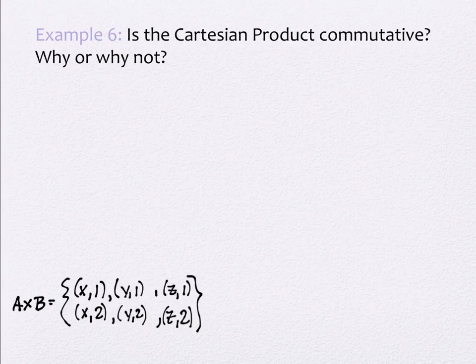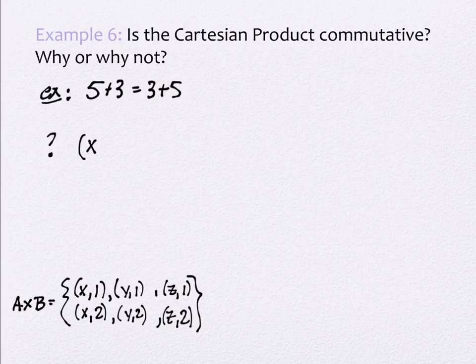So when I was talking about an example with our numbers, right? 5 plus 3 is equal to 3 plus 5. That works because I took an individual pair of numbers, I switched the order, and it was exactly the same. So the question is whether or not you can do that with a Cartesian product. So in other words, can I take x1 and switch the order and make it 1x and make them equal?